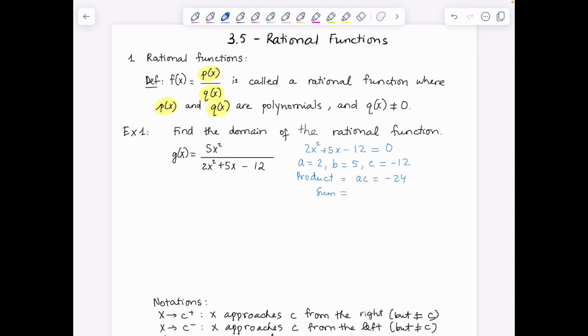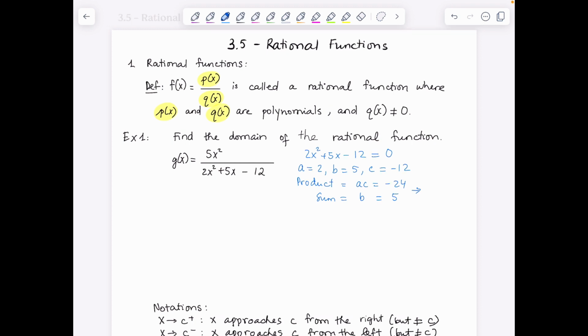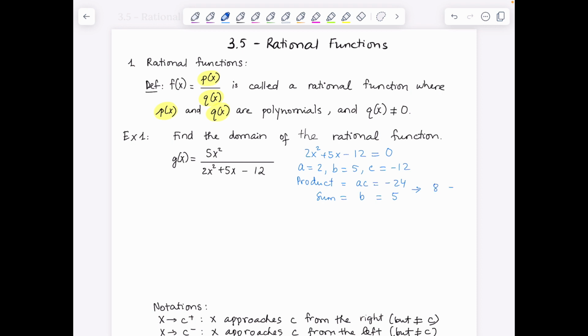And at the same time, we want the sum of two numbers to be b, which is 5. So think about two numbers that multiply to negative 24 and add up to 5. The two numbers that satisfy both conditions are 8 and negative 3. 8 times negative 3 is negative 24, and 8 plus negative 3 is 5.